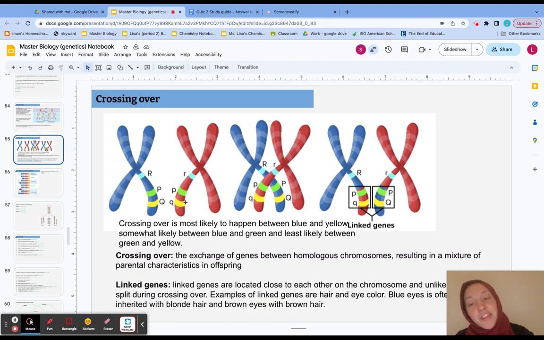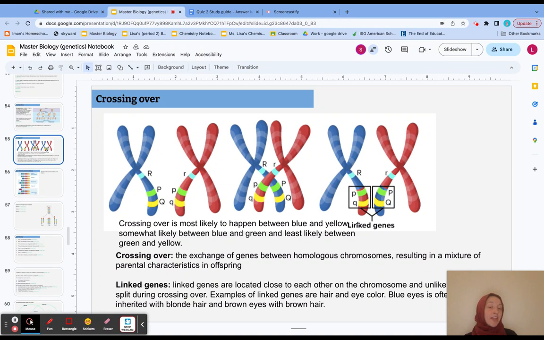Whereas if they're close together, there's a lower likelihood of a crossing over happening between them, right? So we can say that crossing over is most likely to happen between this blue gene and this yellow gene because they're further apart, and least likely to happen between the green and yellow.